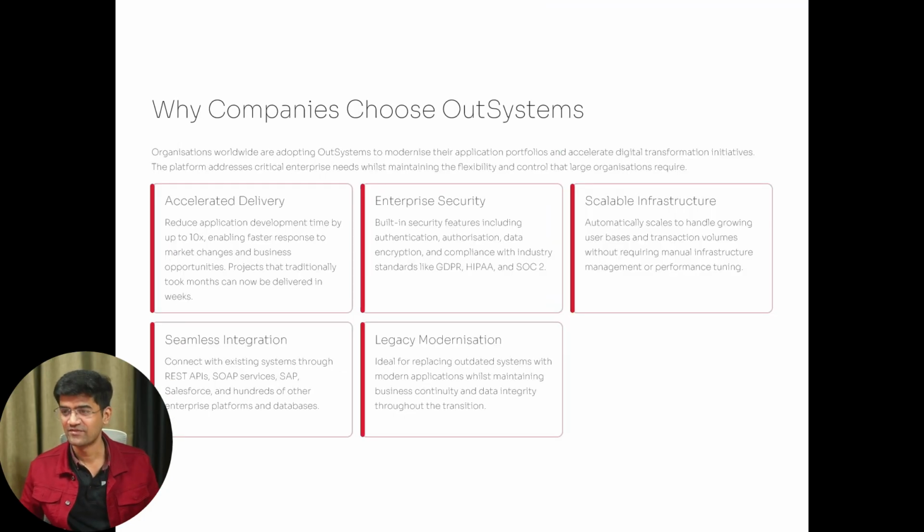Okay. That's it. Why do companies choose OutSystems or other low-code platforms? Because of accelerated delivery and enterprise security. It also handles the security on its own. Just to give you an example of this. If we are working with Java, everything comes on our local machine. We set up everything on our local computer.